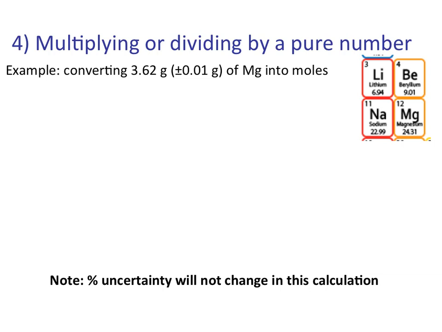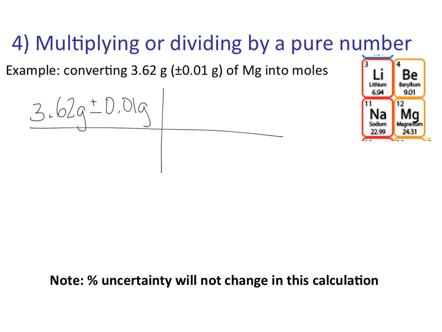So here we're going to be converting grams of magnesium into moles of magnesium. And to do that, we're going to be using the molar mass on the periodic table. So you always start with the number they give you. In this case, the number they give us is 3.62 grams plus or minus 0.01 grams of magnesium.